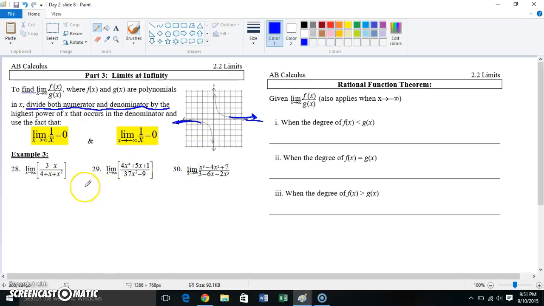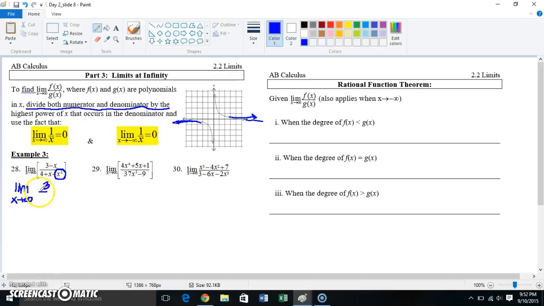Okay, so let's take a look. The limit as x approaches infinity of 3 minus x over 4 plus x squared. All right, x squared is my highest degree term in the denominator. I'm going to divide every term in this rational expression by x squared.